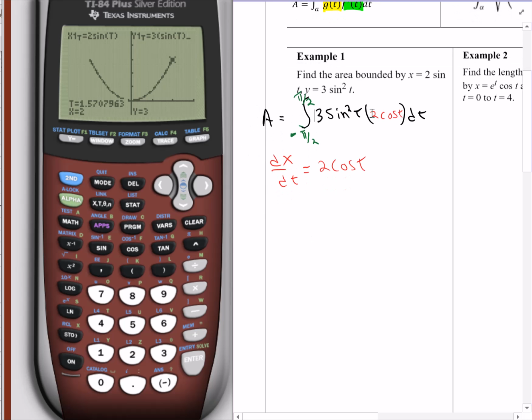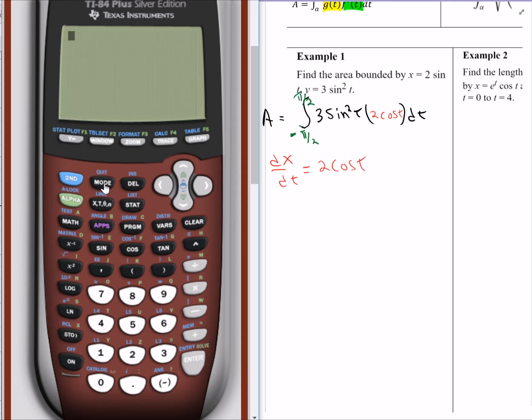So now what we need to do is integrate this. We can go back to our calculator here, do math 9. We're going to integrate negative pi over 2 to pi over 2 of 3 sine t, squared.